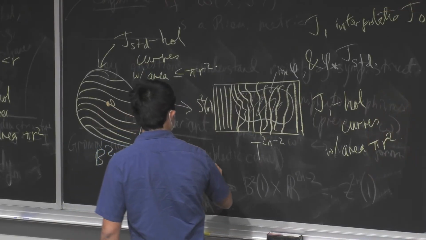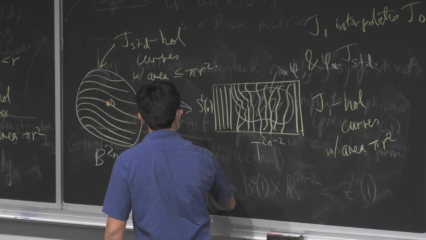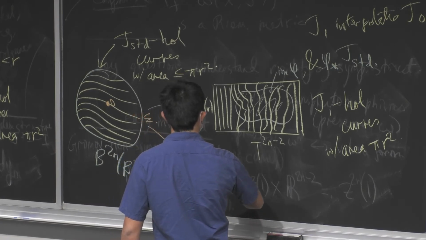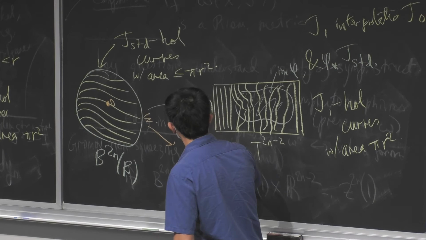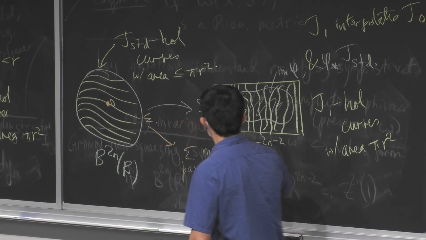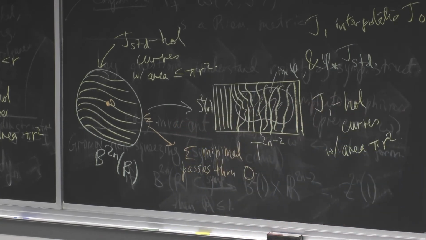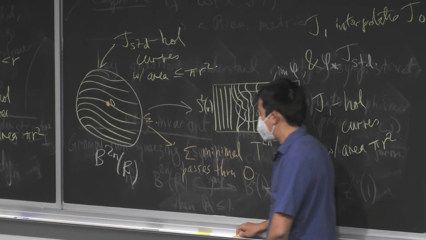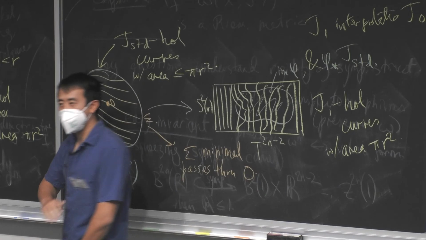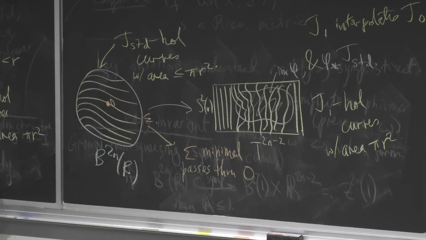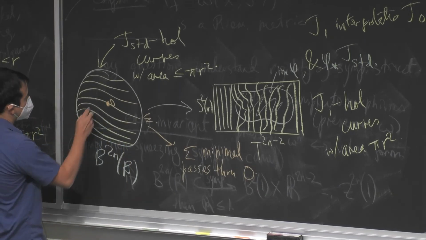So this slice passes through 0. On the other hand, it's holomorphic, so it's a minimal surface. And any minimal surface passing through the origin has area at least the equatorial version. Right, so at least that of the disk.